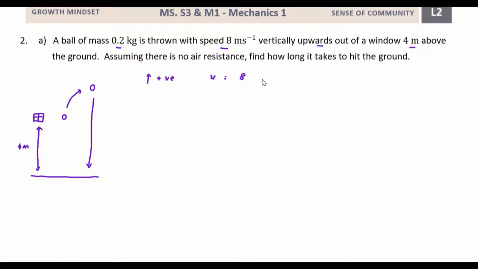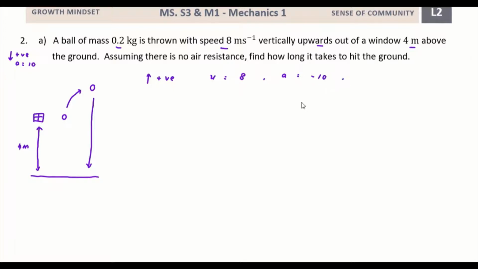For acceleration, if moving down is positive then it has the gravitational acceleration of 10. Since going up is our positive direction, our a will be negative 10.